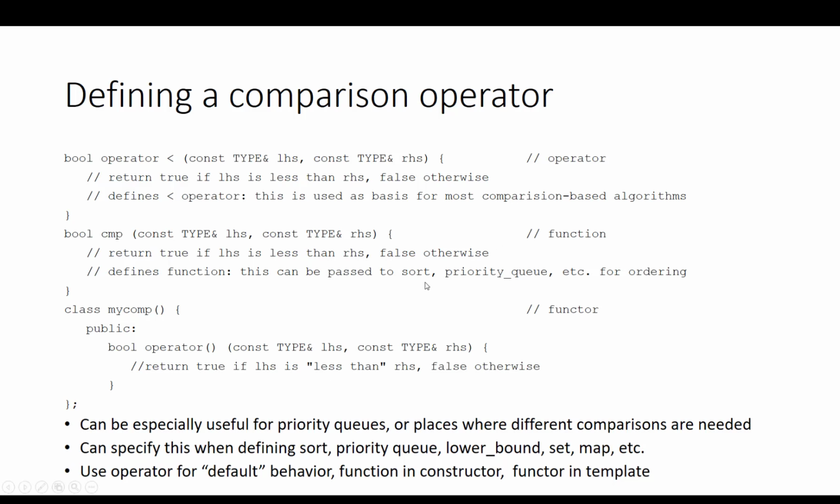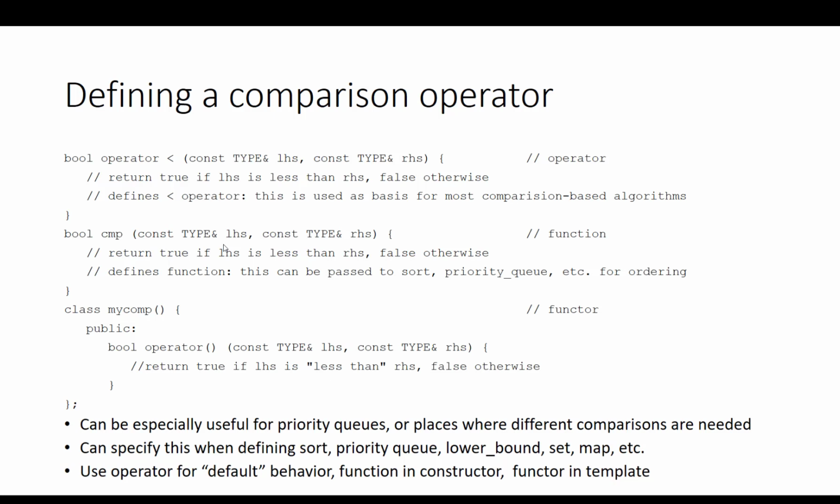Okay, you can also define a function, like you see here, and for me this is typically the way I do it, although occasionally I'll define the operator. You define a function that takes in two constant references to the things that you want to compare.